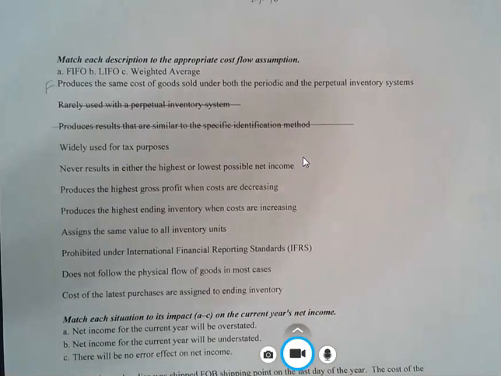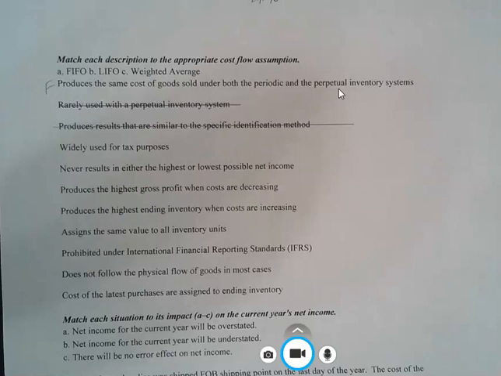And I want to just spend a moment to tell you why. When we use the perpetual inventory system with FIFO, we start off with our beginning inventory, and we're always pulling from the oldest material, the oldest inventory. We're always going to do that.